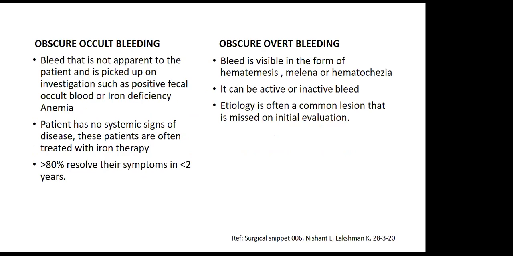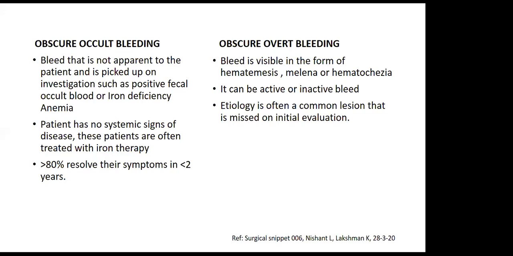Obscure occult bleeding is bleeding that is not apparent to the patient and can be picked up by investigations like positive stool occult blood and iron deficiency anemia. In obscure overt bleed, the bleeding is visible in the form of hematemesis, melena, or hematochezia.